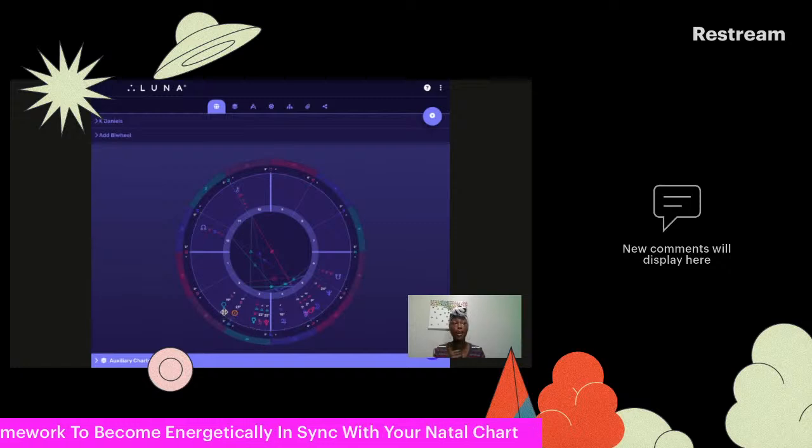It represents how you love, how you receive, how you take action, how you give, your emotional self, your creativity, your blessings, your restrictions, your transformation, and your spirituality. And so you want to learn your placements.